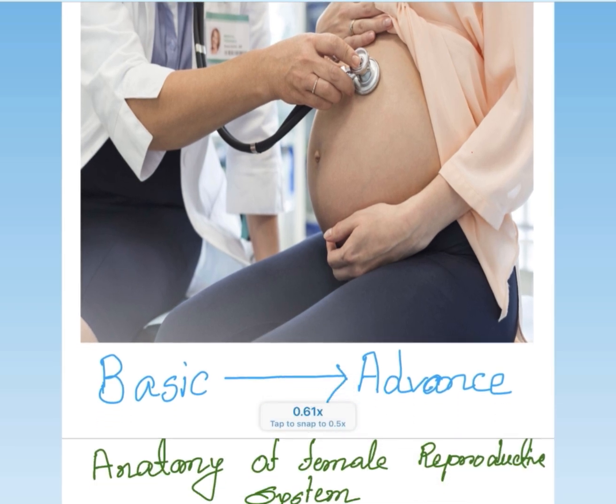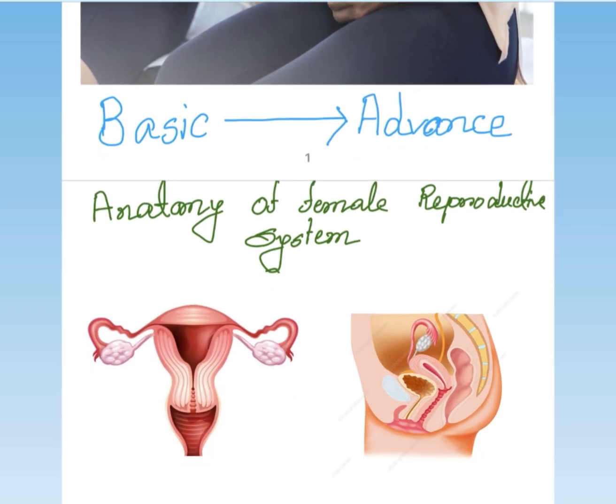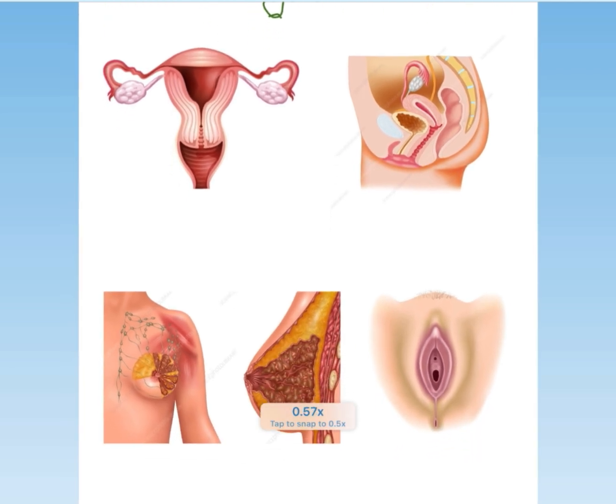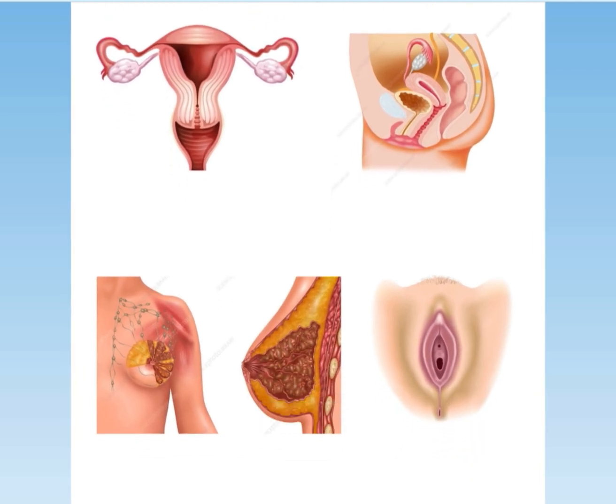organs only. The whole female reproductive system, as you can see here, does not consist of a single organ. It consists of multiple organs together.